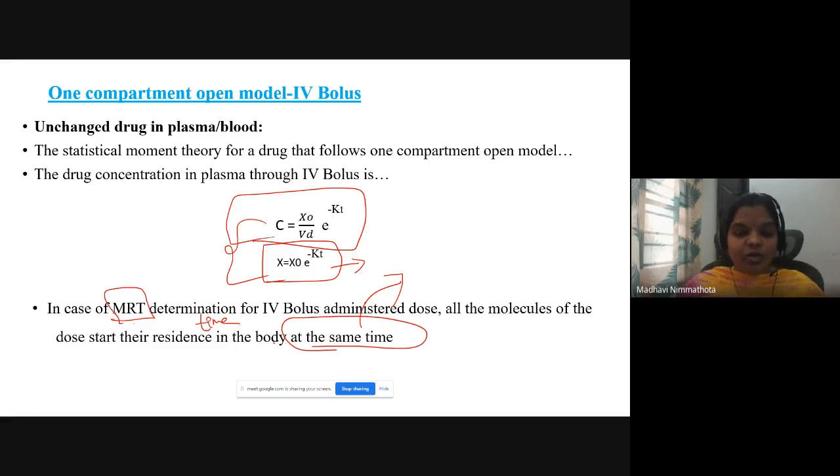It is telling you that once the administered drug particles enter into the body, they stay for the same residence time. Here we are stressing the residence time of a molecule. The residence time of all the molecules we entered into our system is the same.